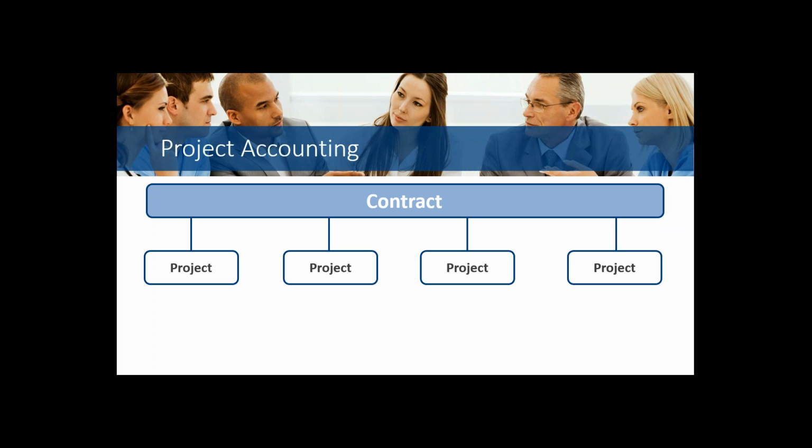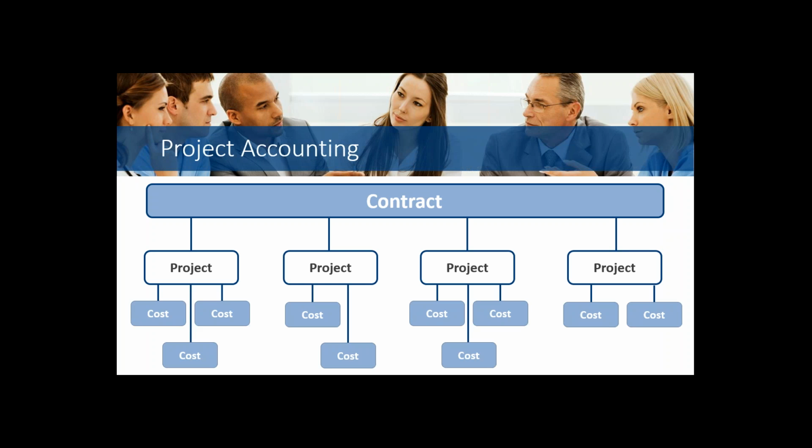Underneath that project are cost groups. Cost groups are groupings of costs that make up, or that are provided or utilized for delivering that project. And I can have as many or as few cost groups under my project as I need.